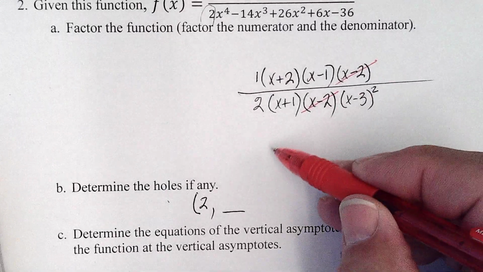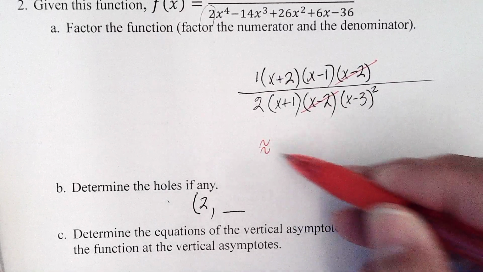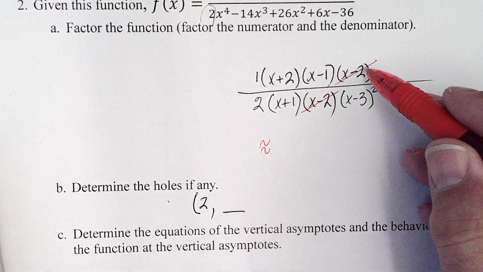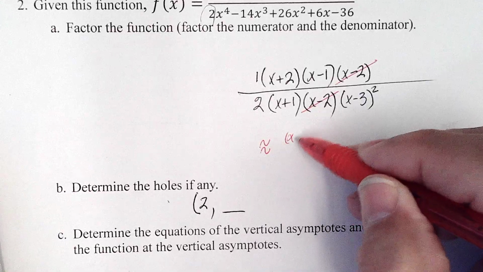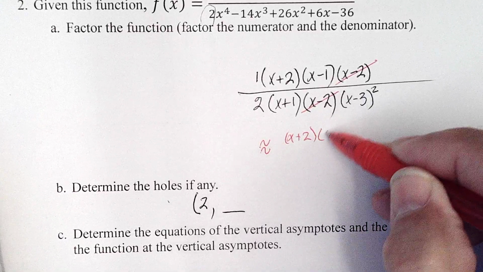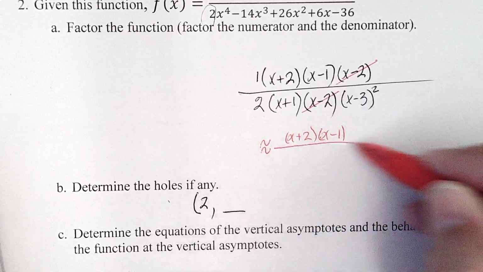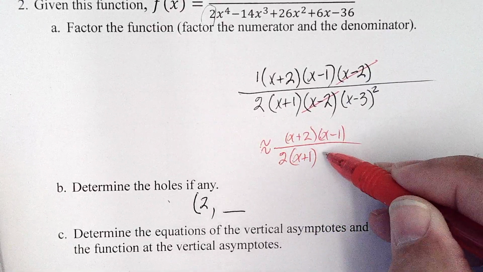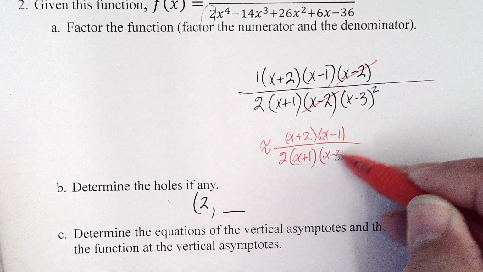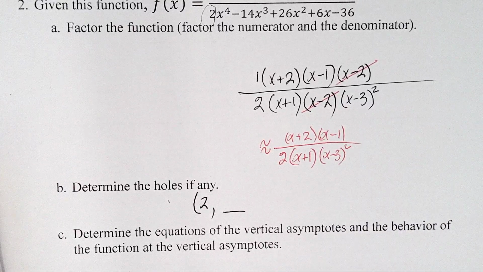Well, I look at the function that's almost the same. Just leave those out and I get 1 times x plus 2, x minus 1 over 2 times x plus 1 and x minus 3 squared.